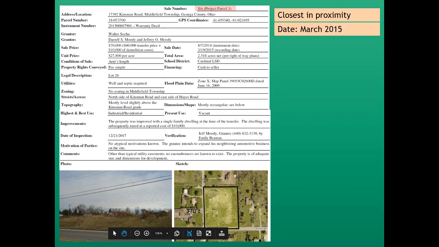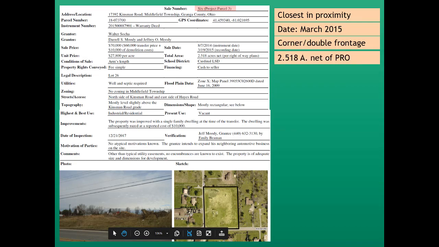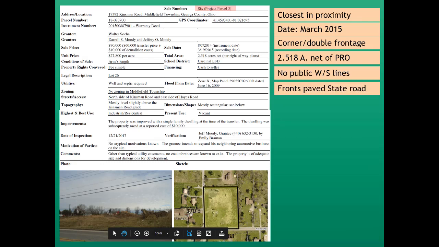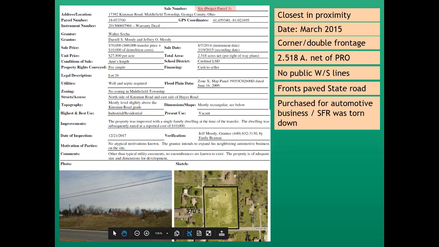Its date of sale was March 2015. It's a corner lot, therefore it's got frontage on 2 roads. Size is 2.51 acres net of any PRO. Has no public water or sewer in the area. Fronts a paved state road. Was purchased for an automotive business. There was a single family residence on the property, but that was torn down after the people bought the property.